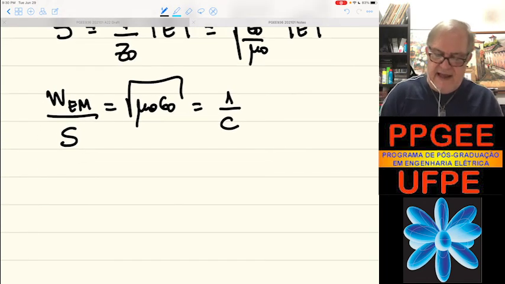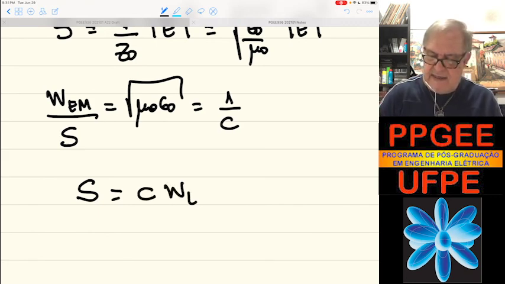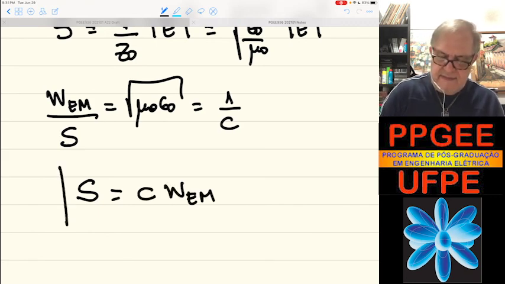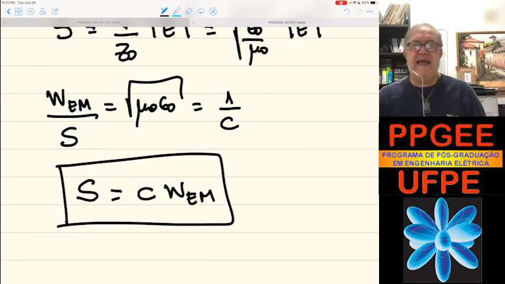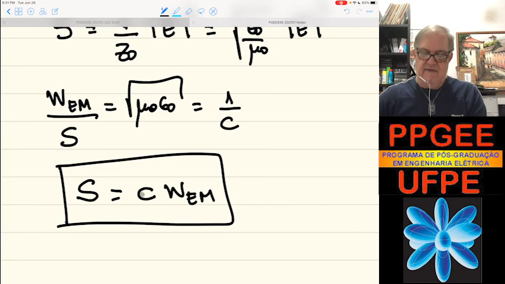So the Poynting vector equals the velocity of light times the electromagnetic energy. It's like the power flow equals the energy that moves in space with velocity c. Time rate of change of energy is the power density: velocity times electromagnetic energy density. Let's see if that makes sense, okay?